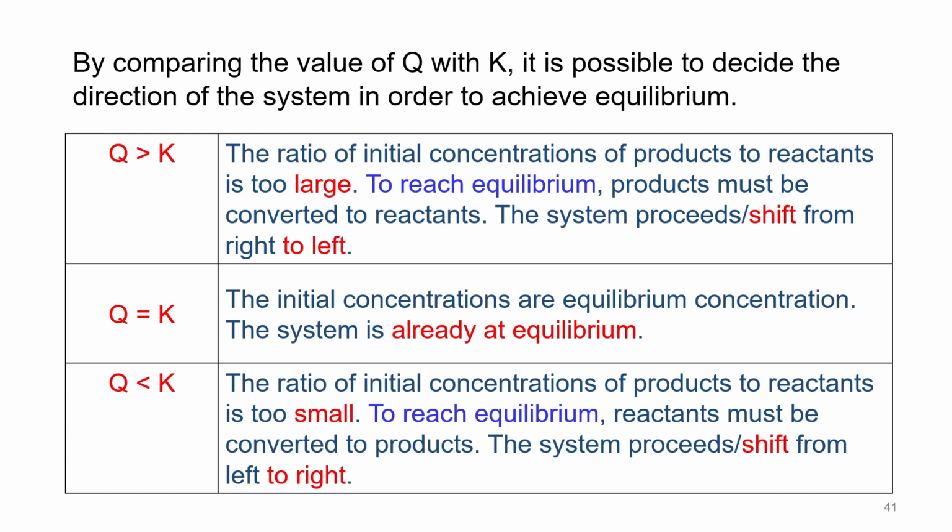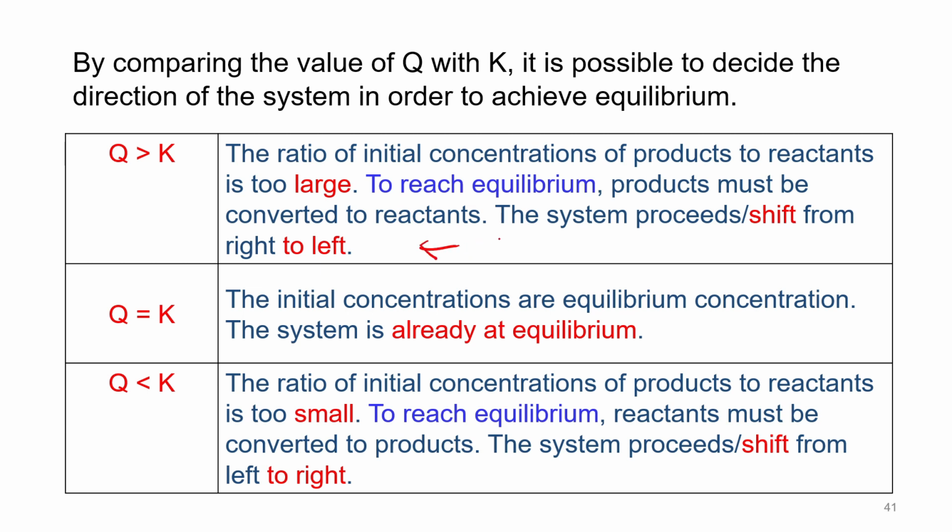By comparing the value of Q with K, it is possible to decide the direction of the system in order to achieve equilibrium. Okay, kalau Q is greater than K, nilai Q lebih besar daripada K, the ratio of initial concentration of products to reactant is too large. Okay, jadi kalau untuk mencapai keseimbangan, the product must be converted to reactant. Jadi kalau reactant di sebelah kiri, shift to the left.